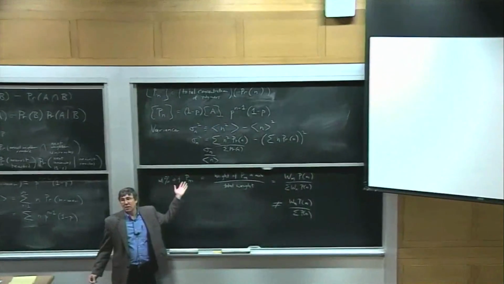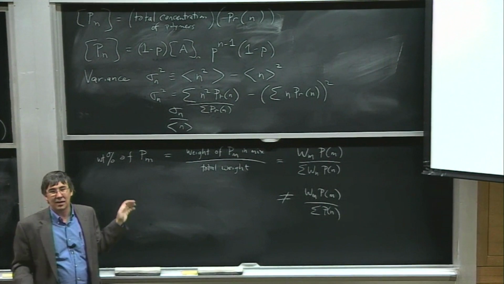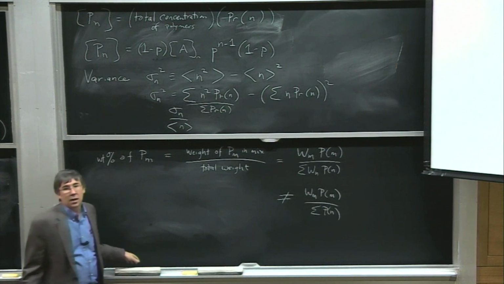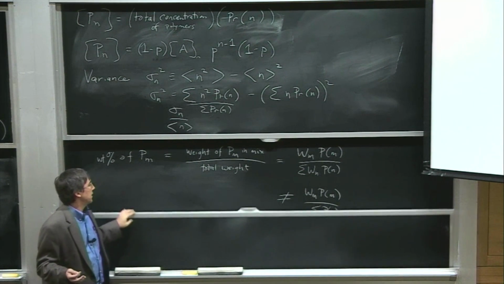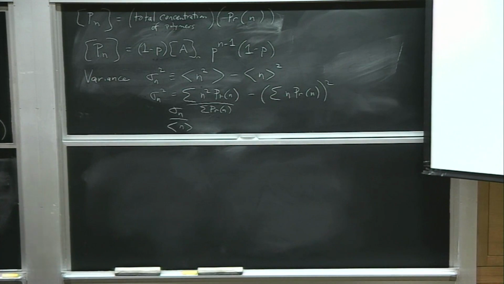Now this is a cute little example. It's discrete variables. It's easy to count everything. Very often we care about probability distributions of continuous variables, and we have to use probability density functions that I talked about last time, which have units in them.